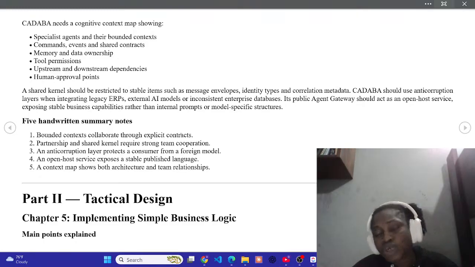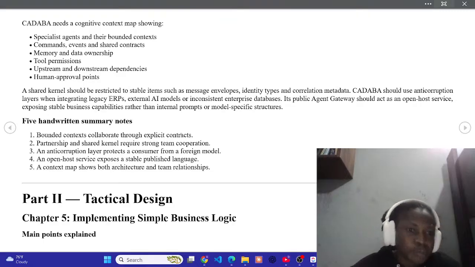For example, agent A that is solving problem A cannot call the tool that is meant for agent B, because tools have their names and their functions. Agents should have access to the tools that are meant for them, not to the tools that are meant for another agent.